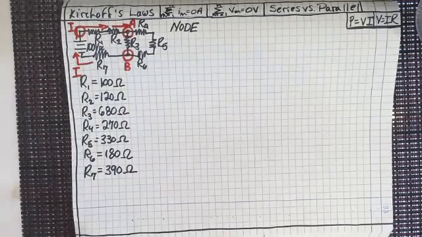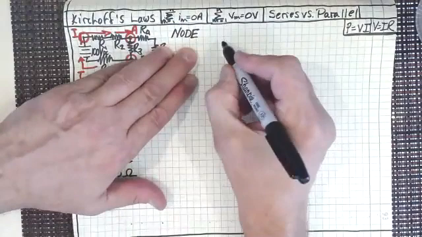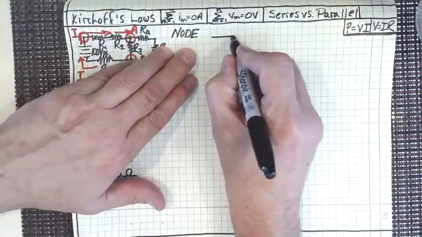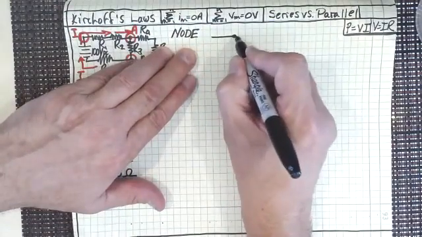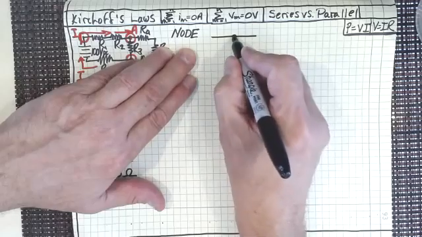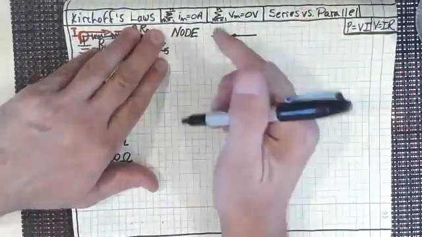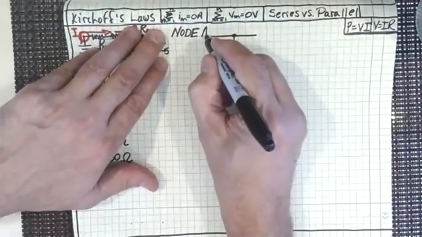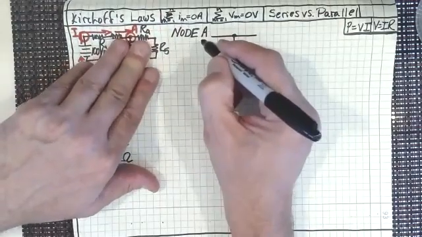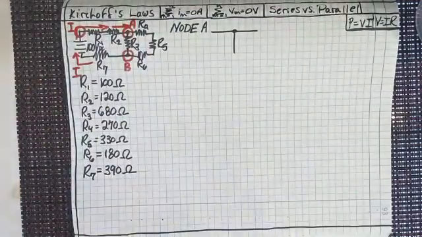Now, let's redraw those two nodes over here. So if I've got node A, right, that's node A.